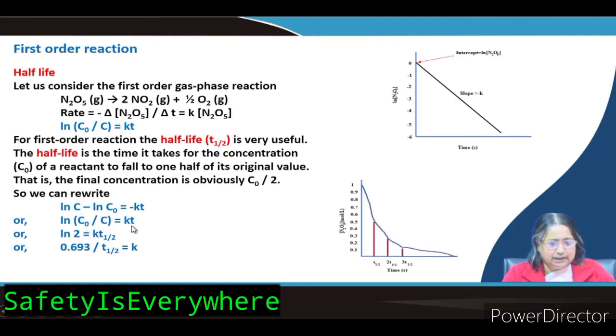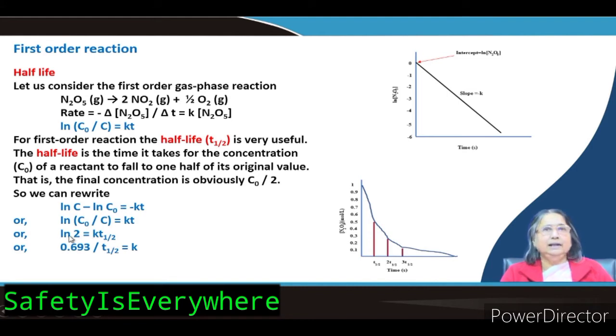In case of a first order reaction, we know that ln C0 by C is equal to KT. So, if we put C0 by 2 here, then the corresponding T will be T half. We can tell that half life as T half. So, here it will be ln 2 is equal to K into T half.